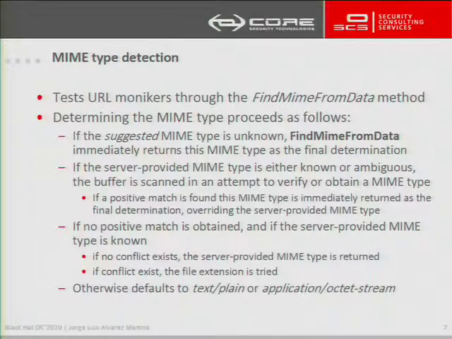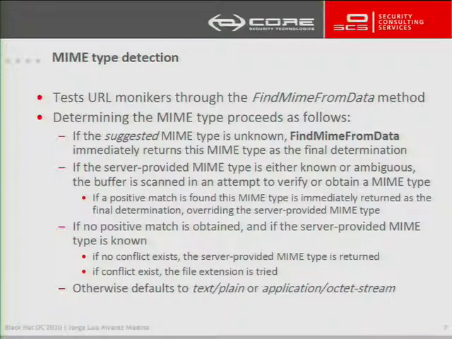If there is no conflict between the base data type of the resource, where a conflict is if the file is detected to be a text or binary file, the server-provided MIME type will be used in that case.